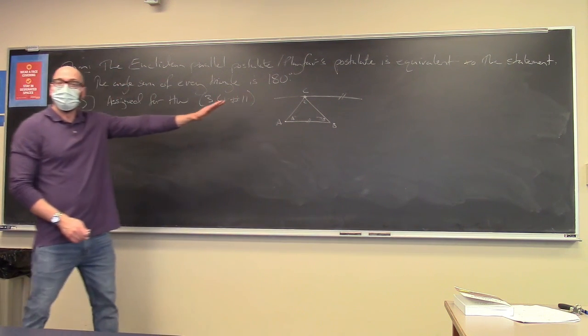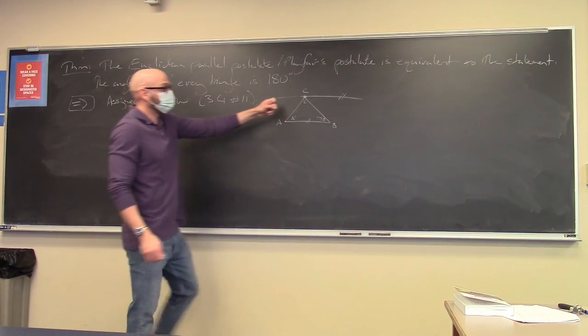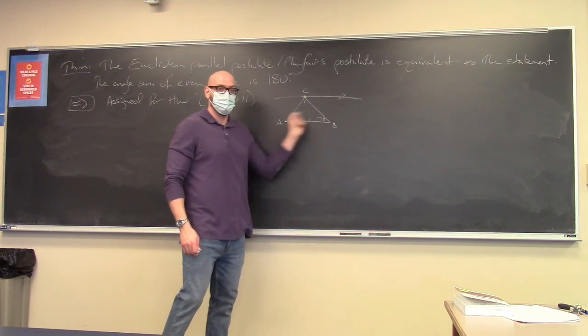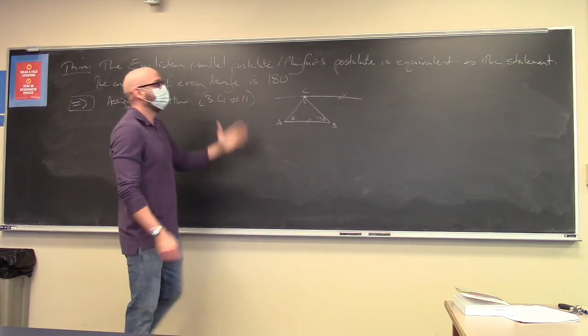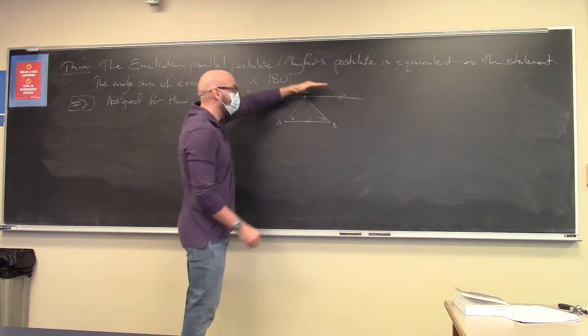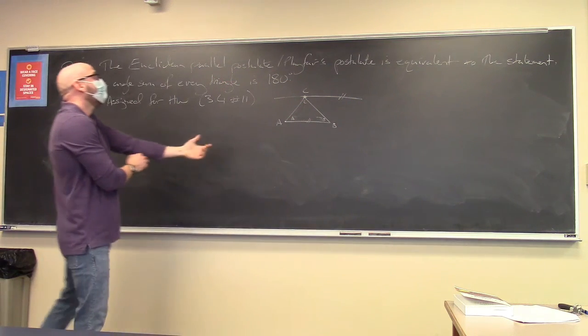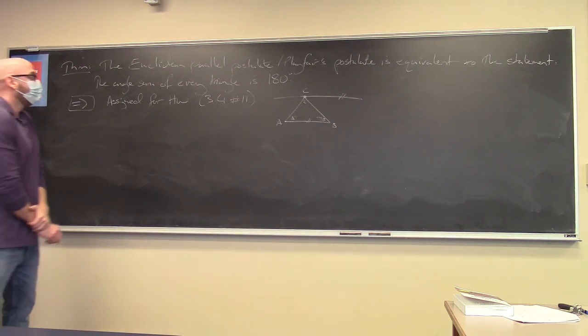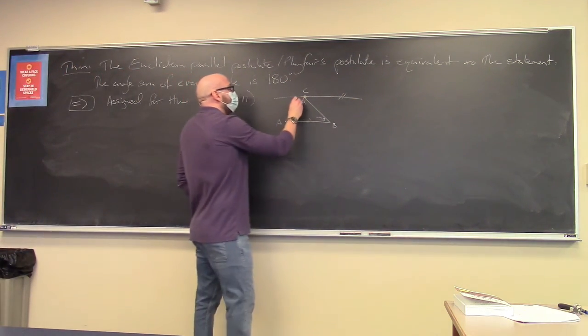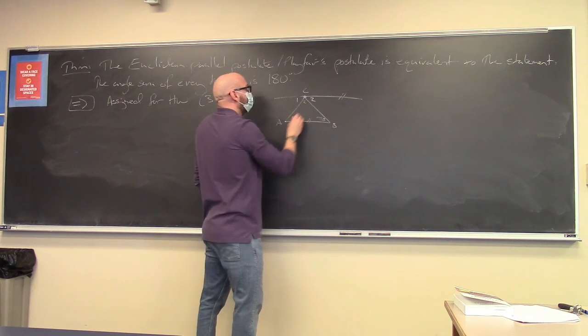Not using Playfair's there at all. Playfair says there's a unique line through C that's parallel to this one. We're not invoking uniqueness, but we know there exists a line. How? Because I can build a perpendicular and another perpendicular to get that line. And that gives me two other angles, angle 1 and angle 2 up here.